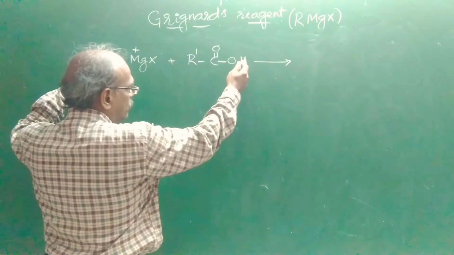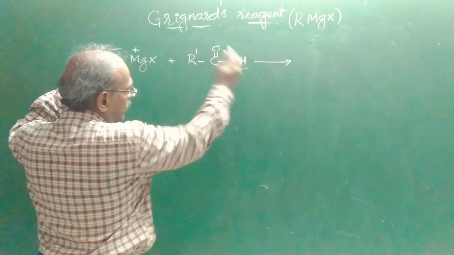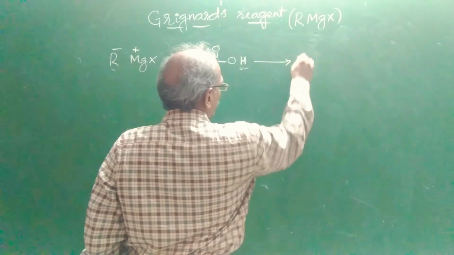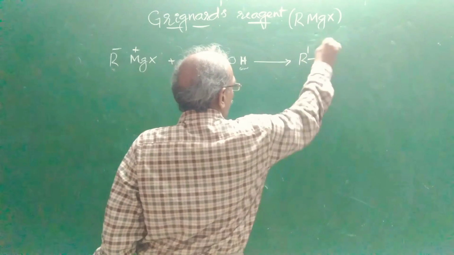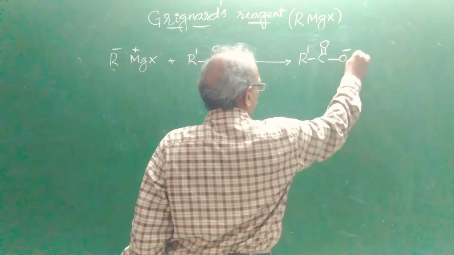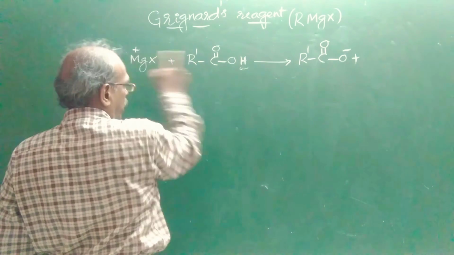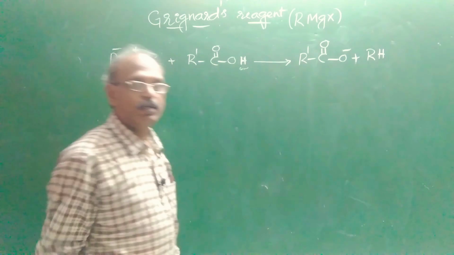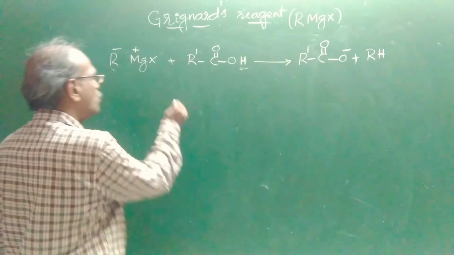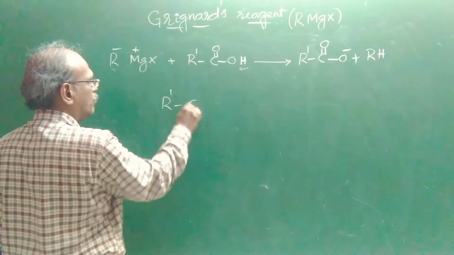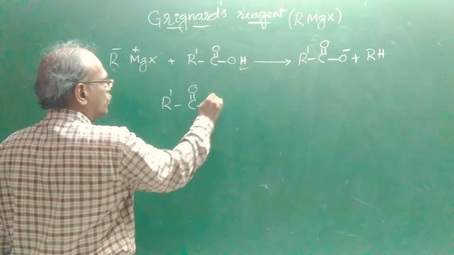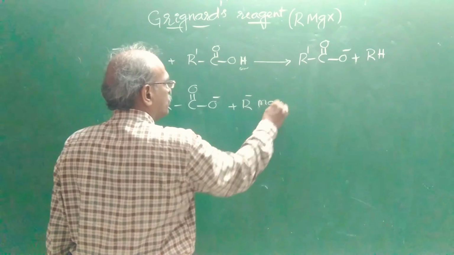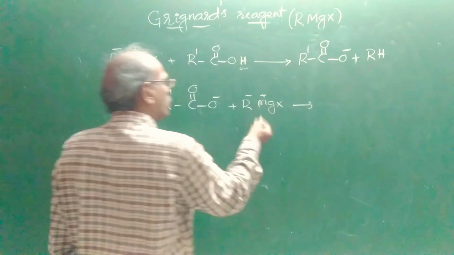Because of more positive charge, R minus readily combines with this H plus. So what do you get now? R dash COO minus plus this R minus with this H plus gives RH. Right. If excess of reagent is present, then what's the expectation from a student? R minus MgX.